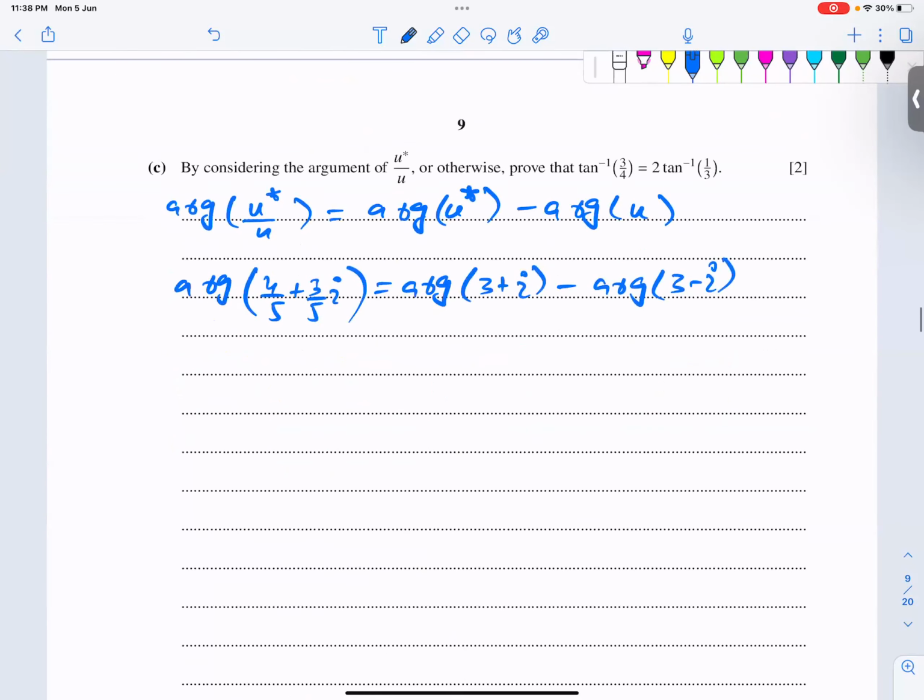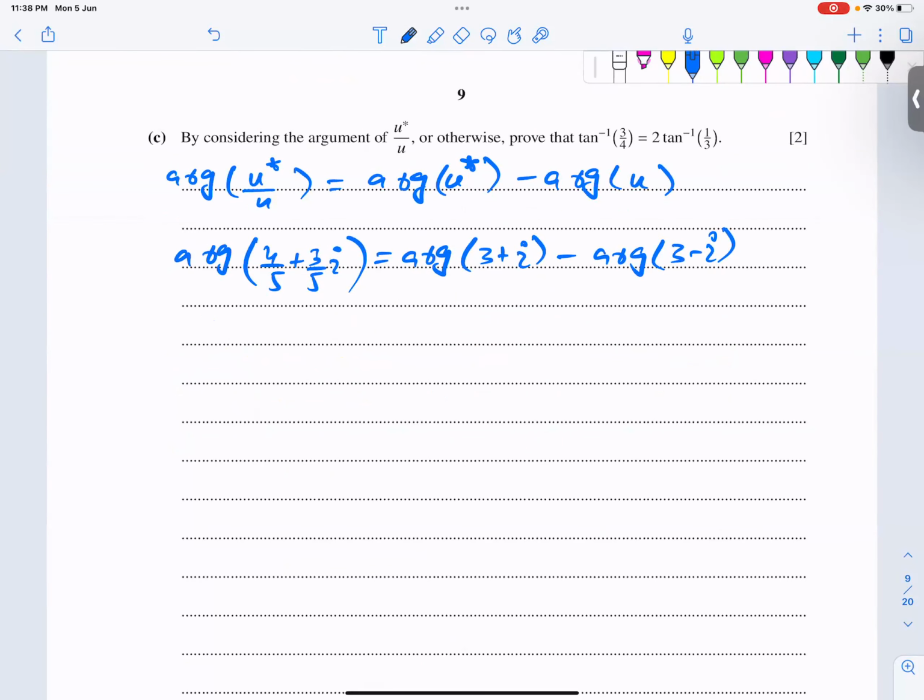Before finding the arguments, you must know in which quadrant your complex number lies. As 4 over 5 plus 3 over 5 i is in the first quadrant, it has no issue. Just apply the formula y over x. Now 3 plus i is also in the first quadrant, so apply the formula y divided by x.